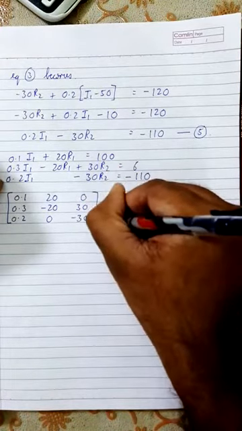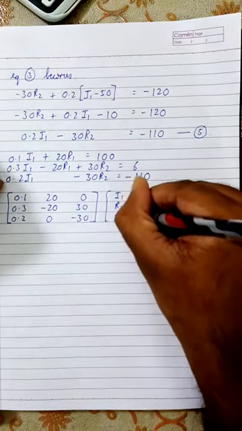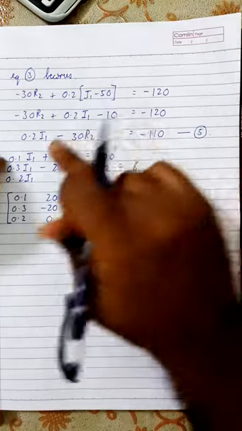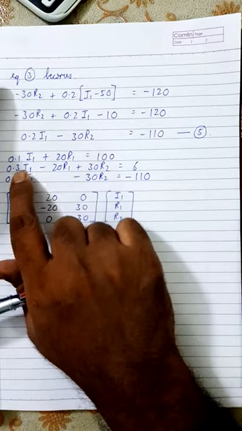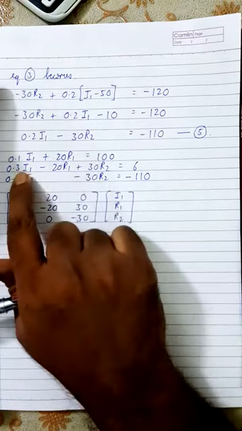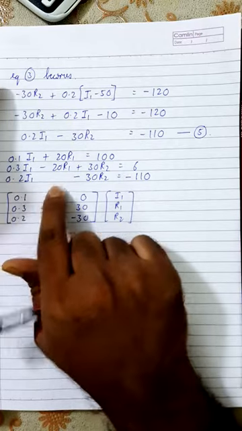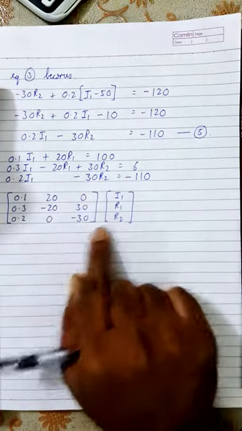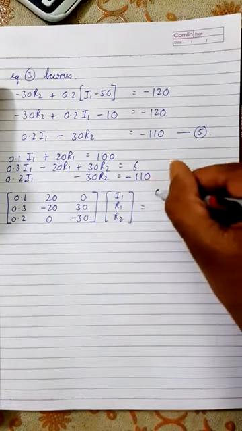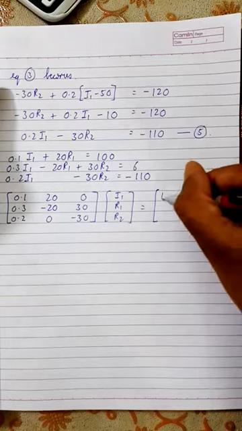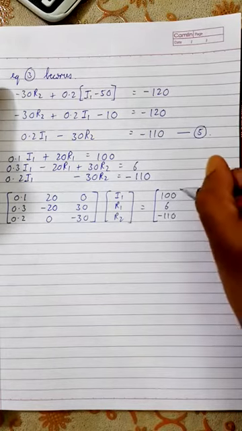The arrangement is I1, R1 and then R2 in all these equations. So that's why I have written it like this: I1, R1, R2 is equal to, and the other side of the equation is 100, 6 and minus 110.